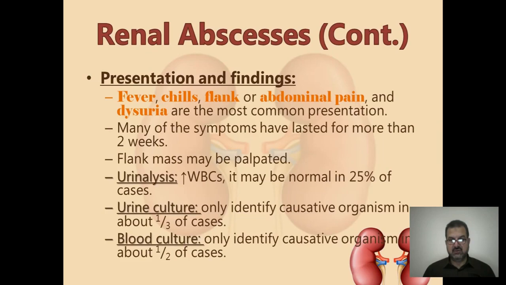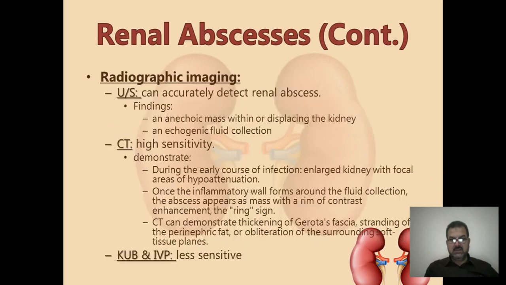If there is obstruction, you will not find high white blood cells in the urine. Urine culture can be positive in most of the cases, but in around 30% of patients it will be normal. Blood culture is also sometimes 50% normal, and the others not.